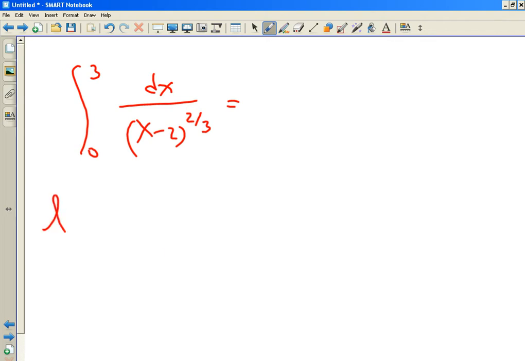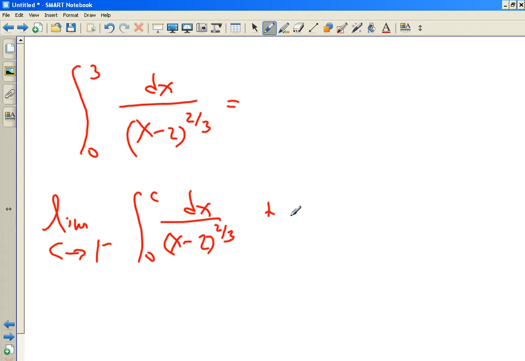So this is going to be the limit as C approaches 1 from the left, the integral from 0 to C of that same integrand. Plus the limit as C approaches 1 from the right, because I'm going from C to 3.